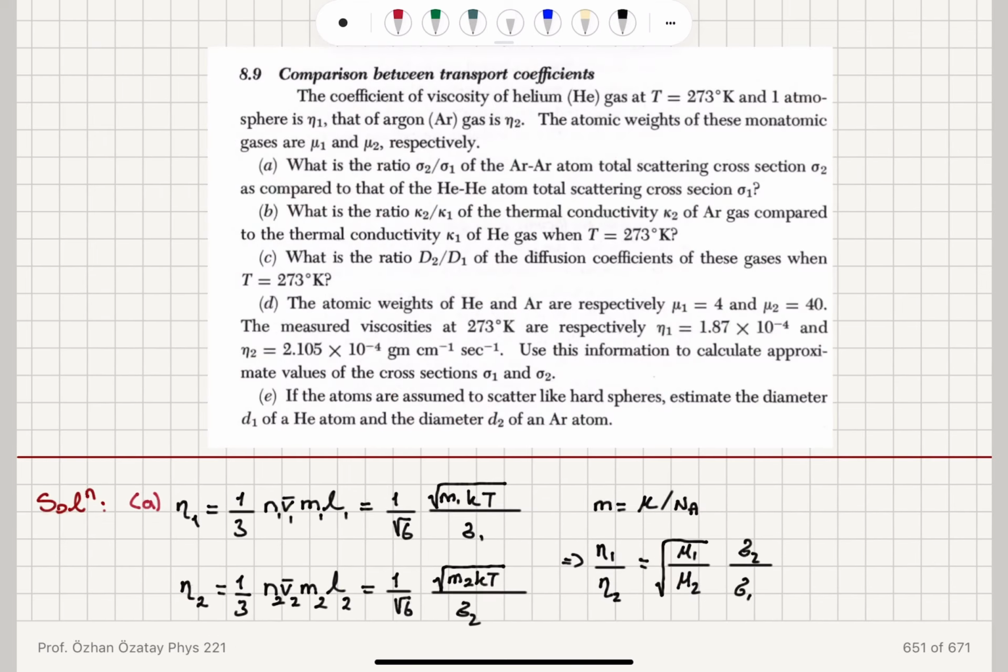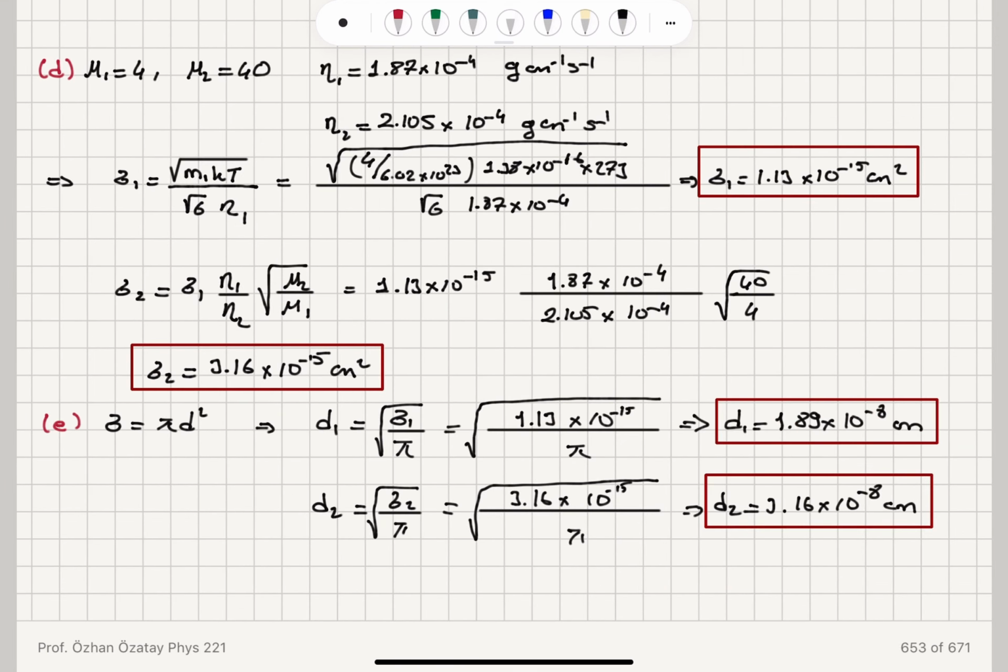So we have obtained here eta 1 square root 6 sigma 1 is equal to square root mkT. So square root mkT divided by square root 6 eta 1 would be equal to sigma 1. That's what we do here, and we obtain 1.13 times 10 to the minus 15 centimeters squared.